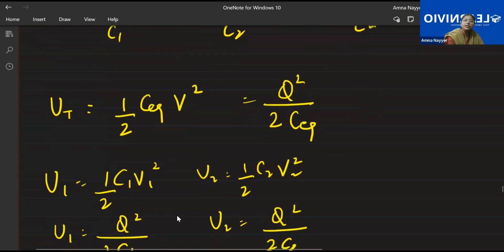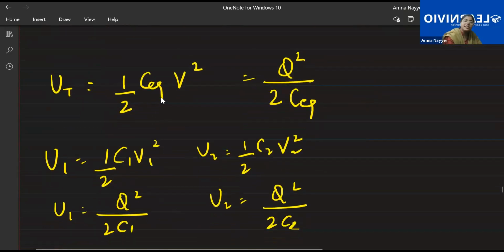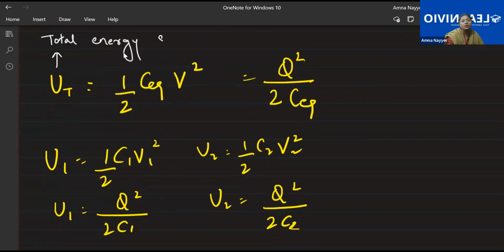Likewise, you can calculate the energies also. Half C equivalent V square will be the total energy stored, or Q square by 2C equivalent. But if I want the energy of only the first capacitor, which has C1 and V1, I'll take half C1 V1 square.